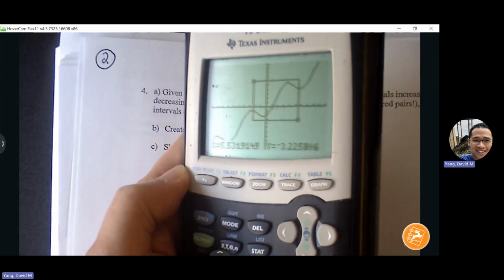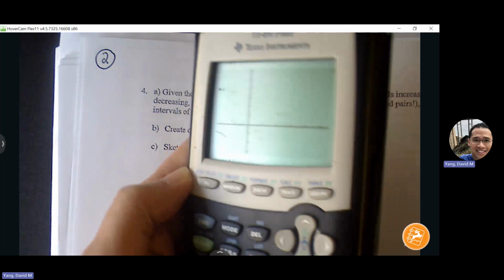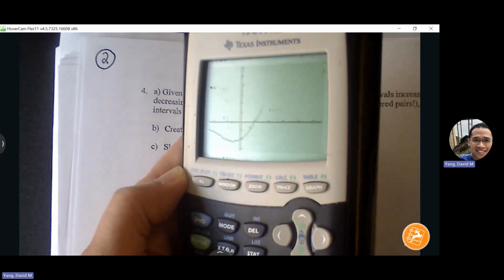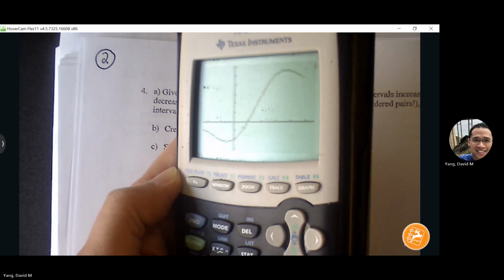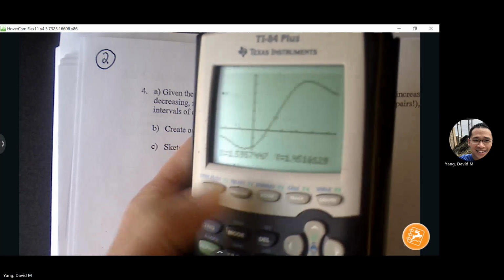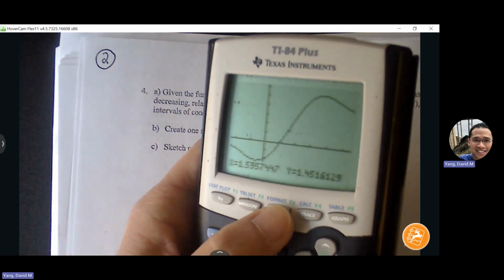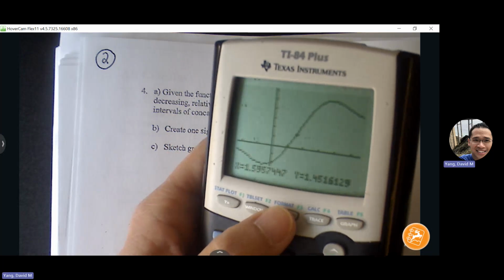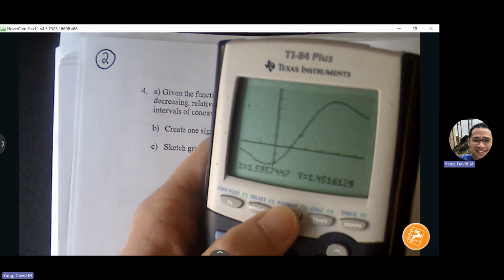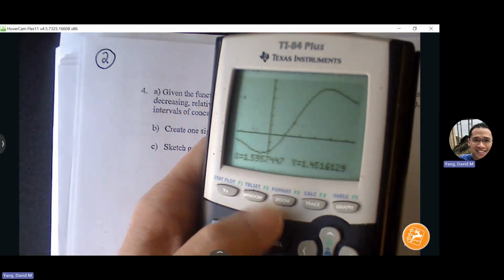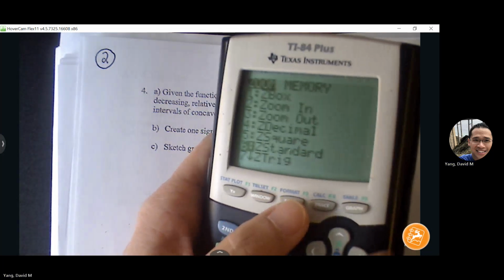And once the box is in front of you, then you hit enter again, and it'll zoom in on just that one section. It's a very quick way to zoom in on just the portion that you want. Okay. So now I'll go back to zoom 6.